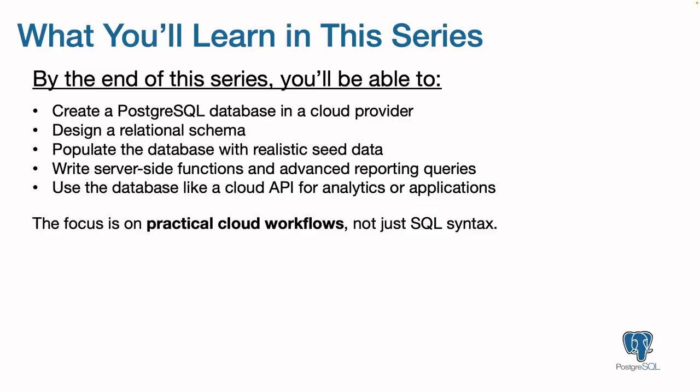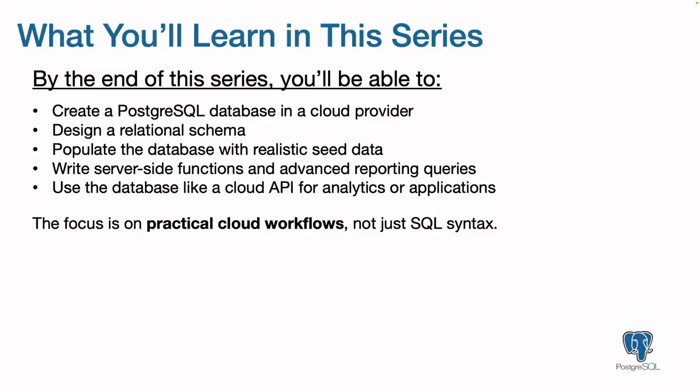The focus here is on real, practical cloud workflows, not just writing SQL syntax in isolation. If you already know SQL, this series is about leveling it up for the cloud.